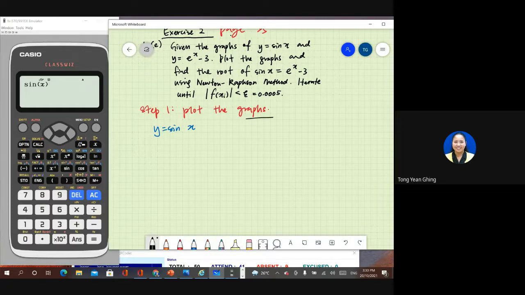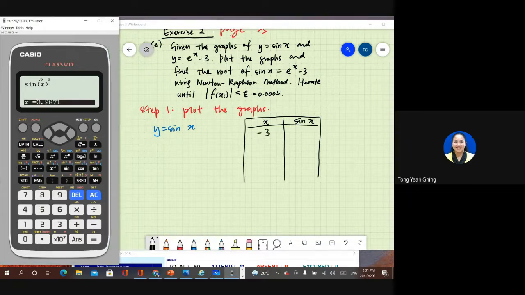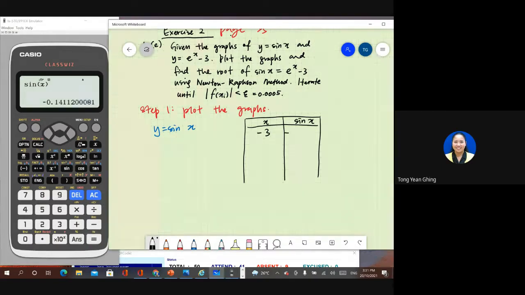Perhaps we can do it in a small table. X and this is sine x. Let's say x starts from -3, then calculate. For -3, the value is -0.1411.